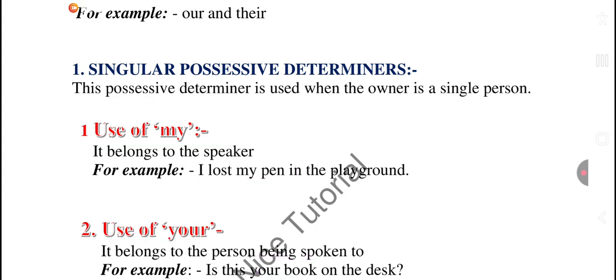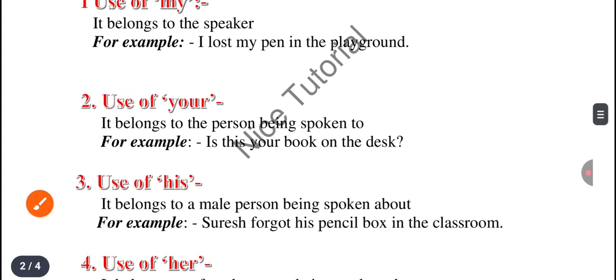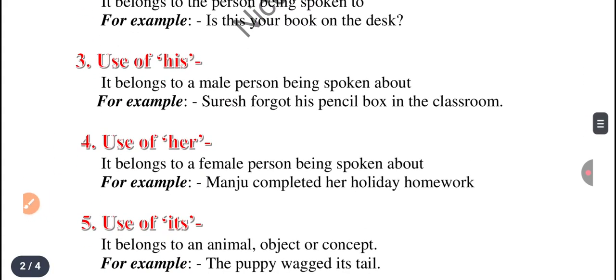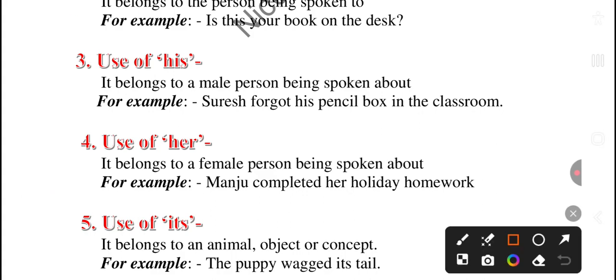Third one is use of his. This possessive determiner his is used for a male person being spoken about by the speaker.